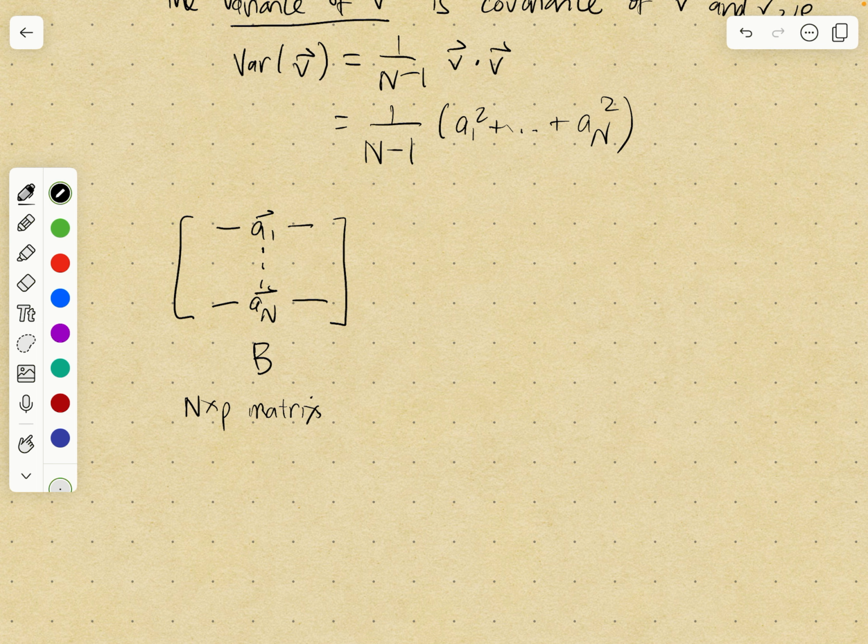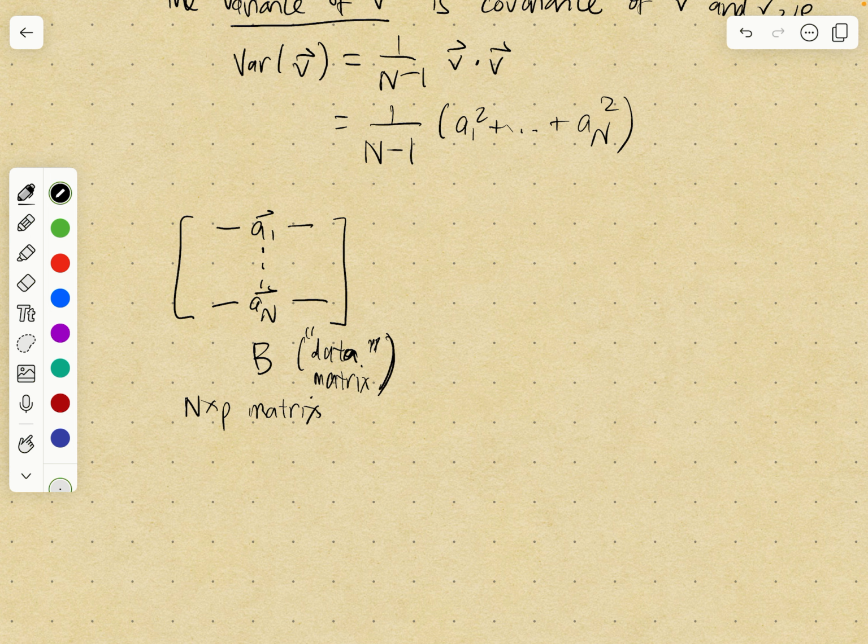In the examples we'll talk about, we'll think of B as a data matrix. Basically, it's a matrix that you get by gathering data. Data is just a bunch of numbers, so you get a matrix. There isn't anything particularly special about a data matrix. It's just a matrix, but you think of it as a matrix that we get by taking samples of something. That's how it'll be used in applications.